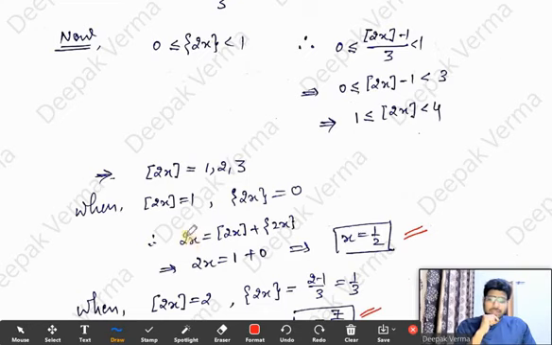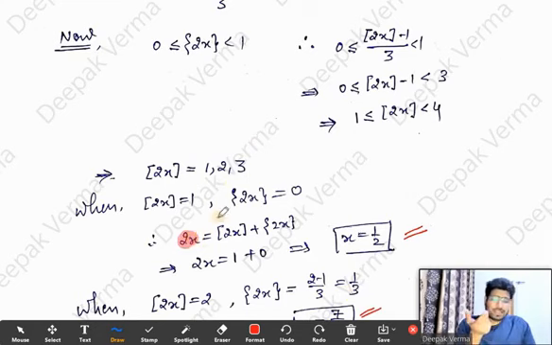Now we can write 2x equals box 2x plus fractional part of 2x. Any number in this world can be written as a sum of an integral part and a fractional part.